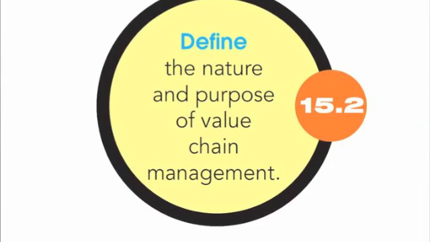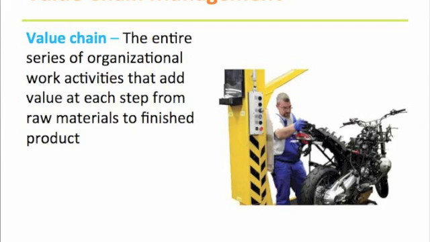Value chain management. Value chains are an interesting idea in that every process should add value. So that's why it's a chain. It's a process that goes over time, connects things together, and then becomes output or a finished good.